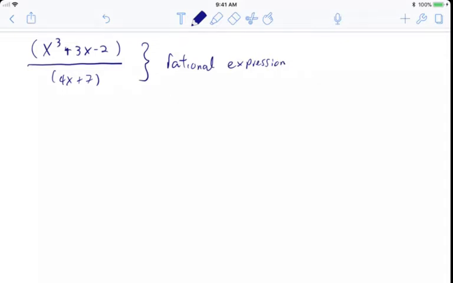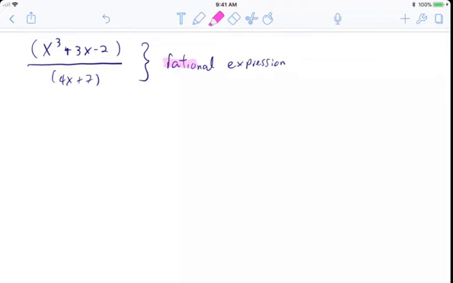Where does the word rational come from? Rational is a word that gets used in a bunch of different contexts in math and other types of study. You can talk about rational arguments. In this case, though, the word rational comes from the root word ratio. It's a rational because it's a ratio.